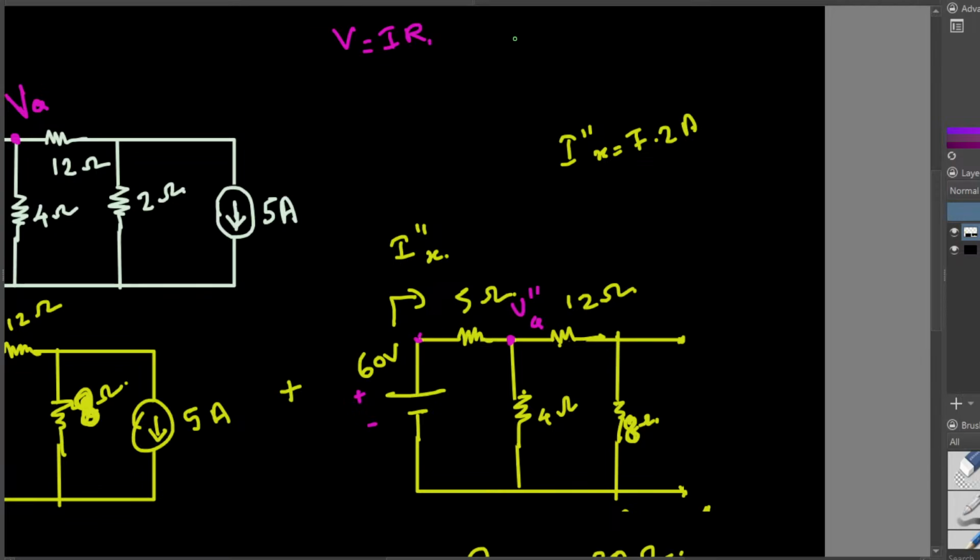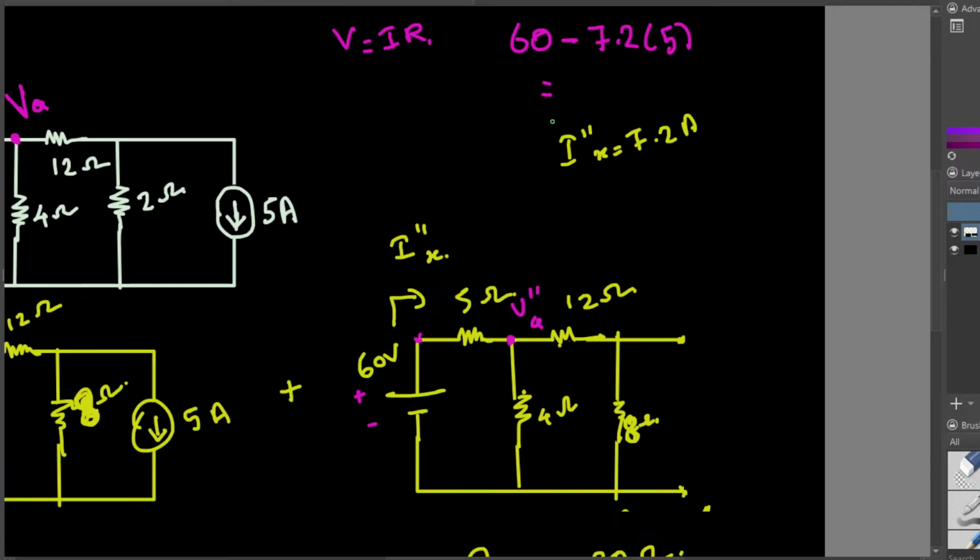So we have 60 minus, and now we apply Ohm's law. Voltage is equal to I times R, and the current passing through this one we already know, that is 7.2 ampere, and the resistor right here is 5. So if we subtract 7.2 times 5 from 60, that's going to be the voltage we have right here. Let's calculate this one.